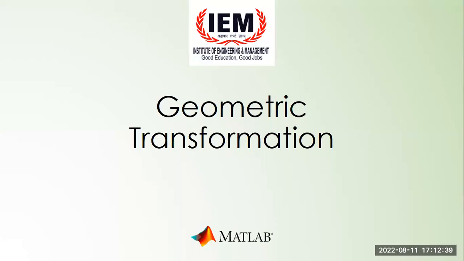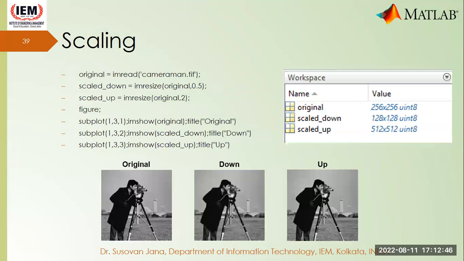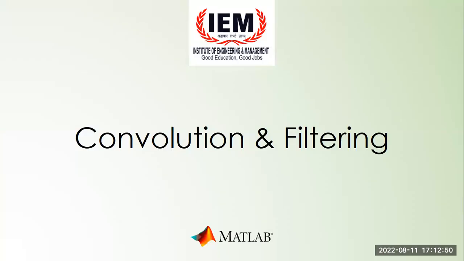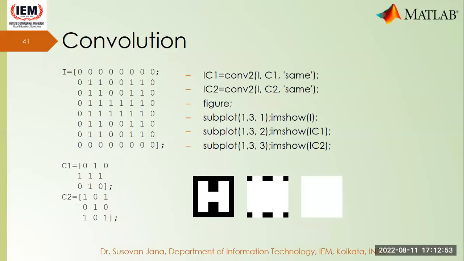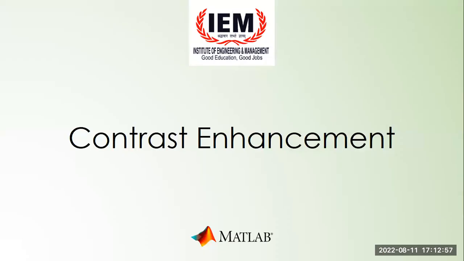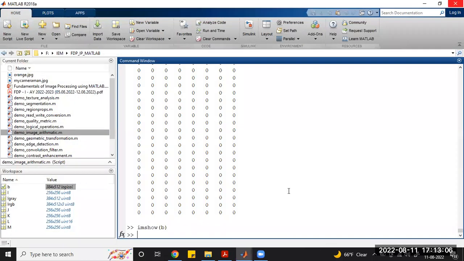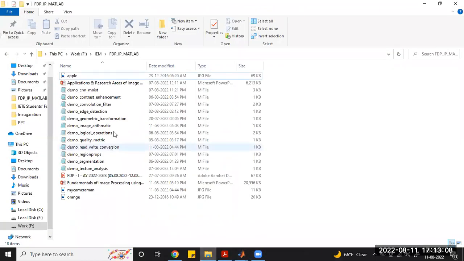Actually, I had planned to show the geometric transformations today: translation, rotation, scaling. I will display these tomorrow, and then I will display convolution and filtering over images, different types of filters, then different contrast enhancement techniques. This is the end of the first PPT, and I have planned another PPT which contains the applications of image processing.